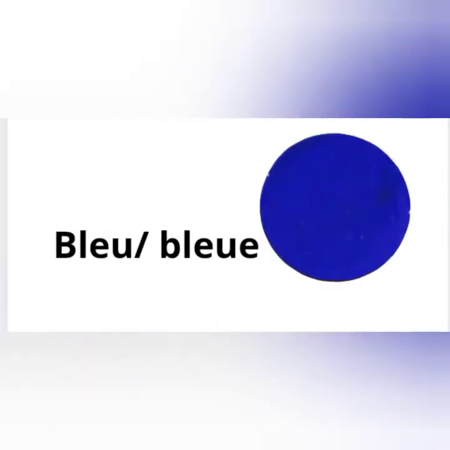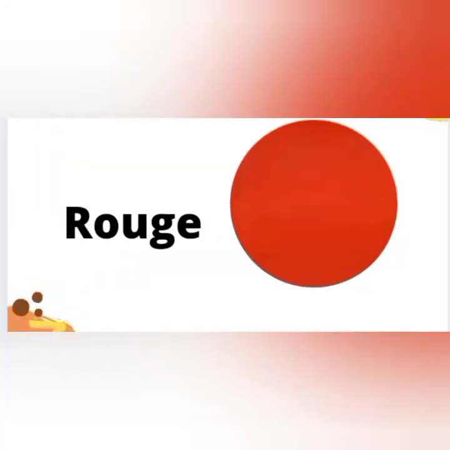Is that clear? Okay, we have bleu. Bleu, we have the masculine and the feminine. Bleu without E is masculine. Then bleu with the E is feminine. Then the next color is rouge.